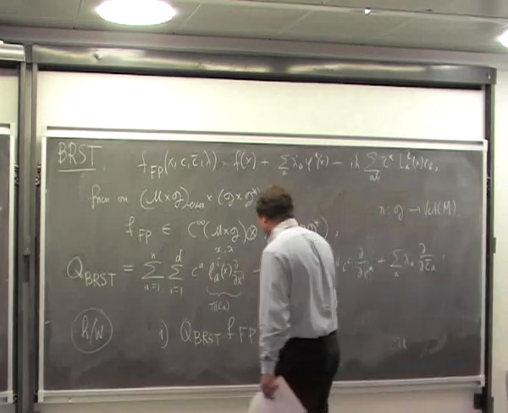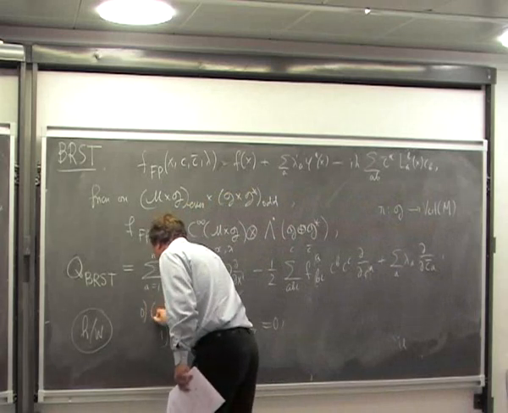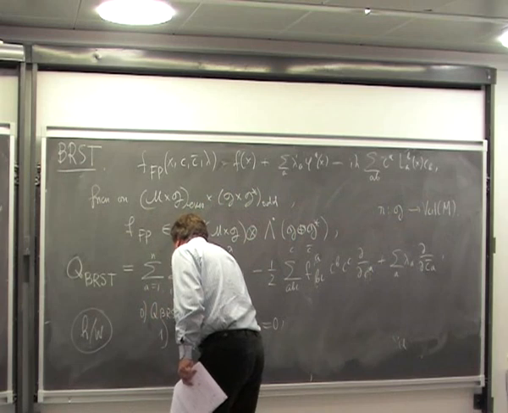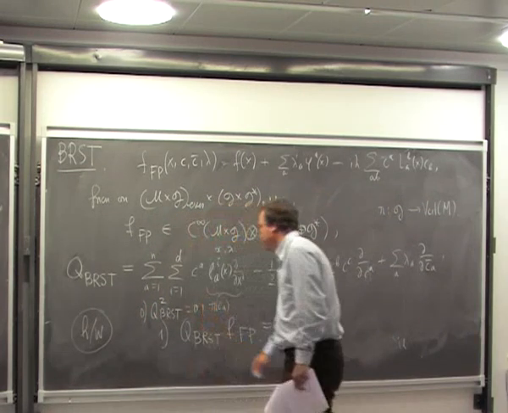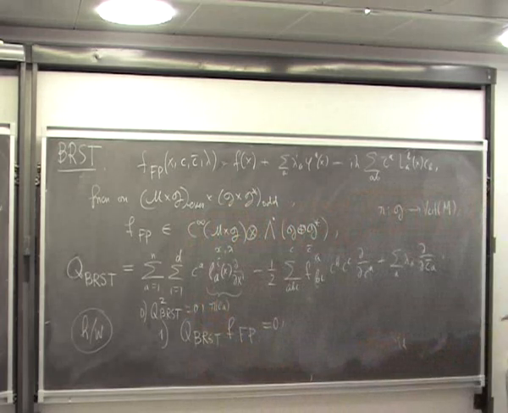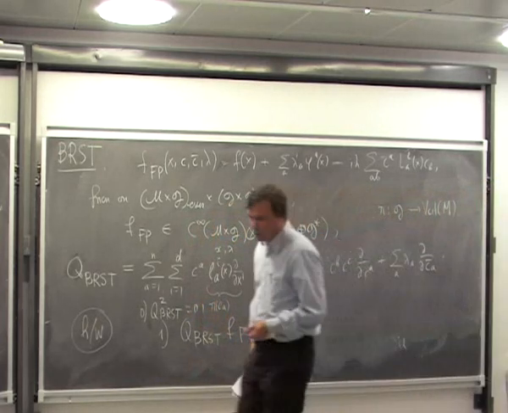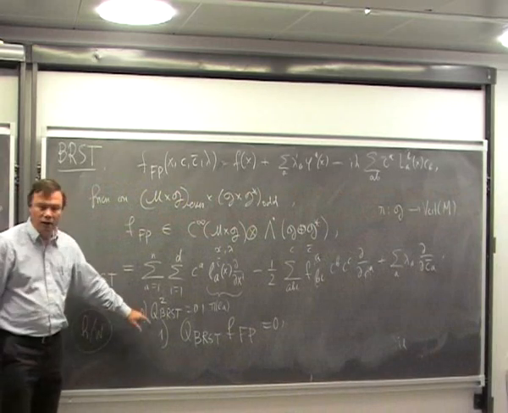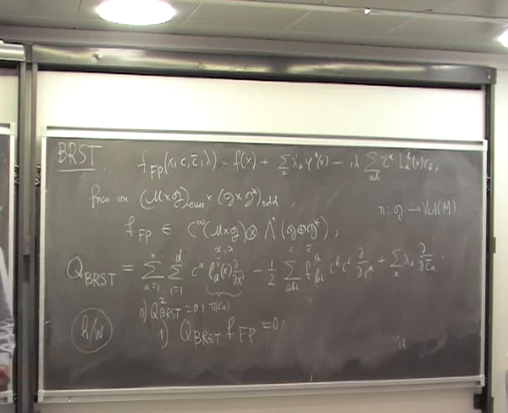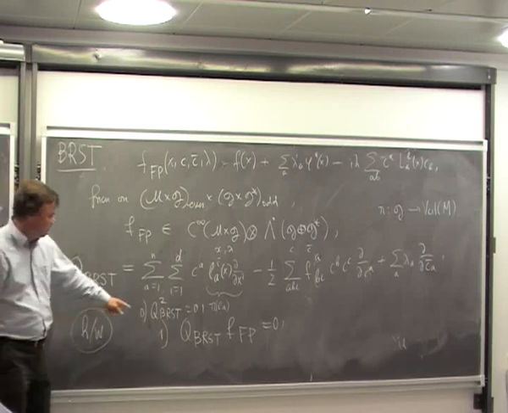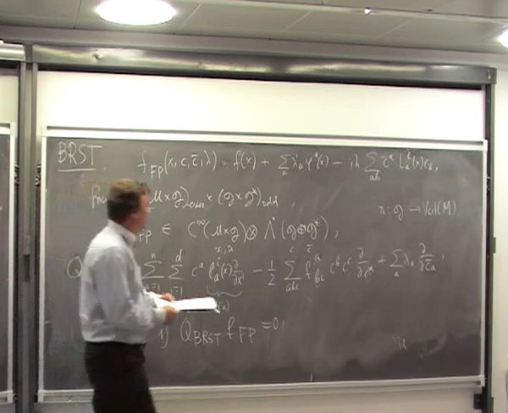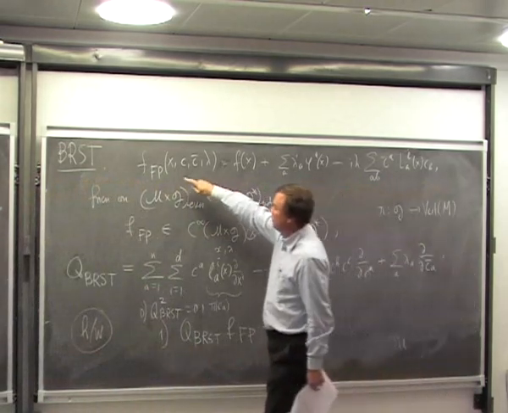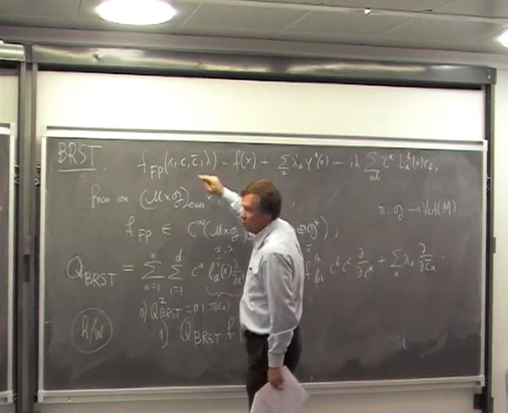But before I say the word cocycle, I should say first that it's a differential: Q squared is 0. So it's a differential from the algebraic point of view. Physicists call such operators supersymmetry operators. So in physical terms, this is a certain supersymmetry which exists on the space of x, lambda, and ghosts.